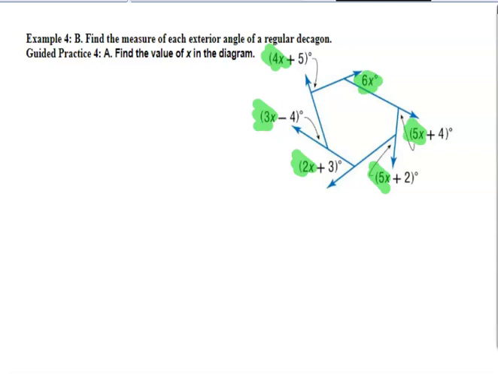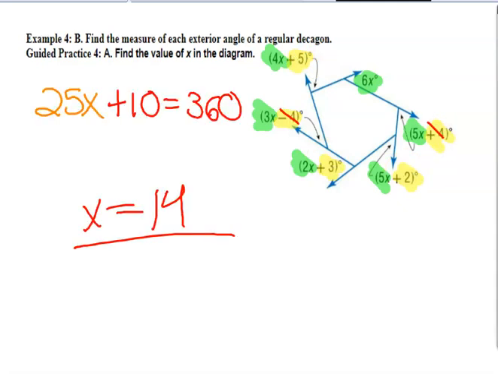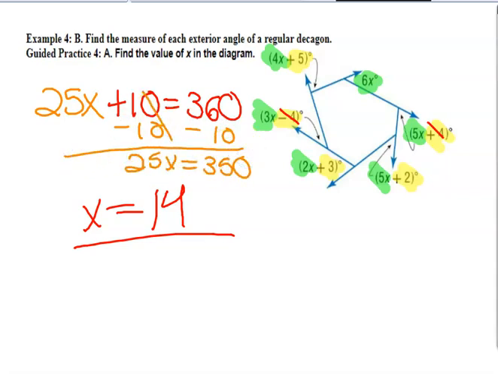And then you need to add up all the constants. All right, and then x equals 14 once you subtract 10 and divide by 25. So subtract 10, 25x equals 350. And then you want to divide both sides by 25, and you get x equals 14.